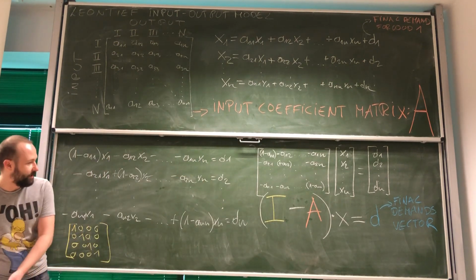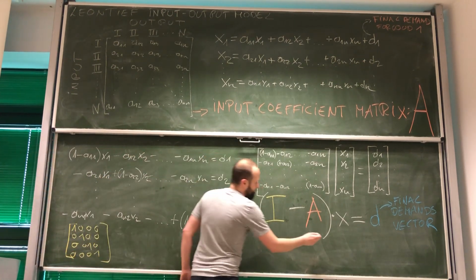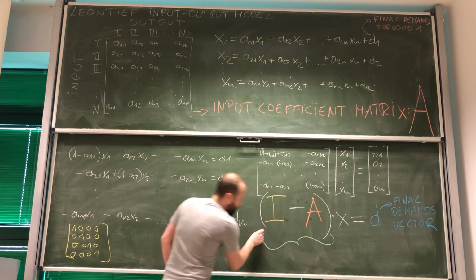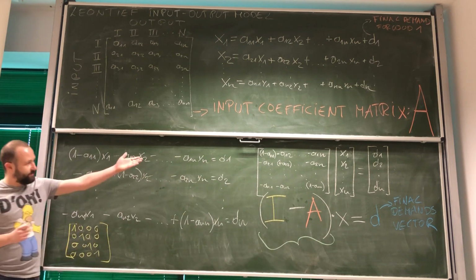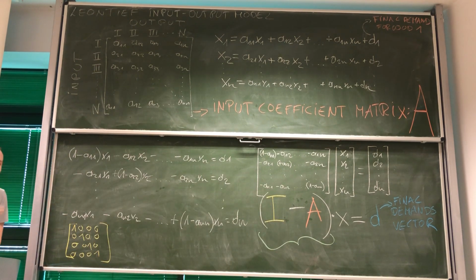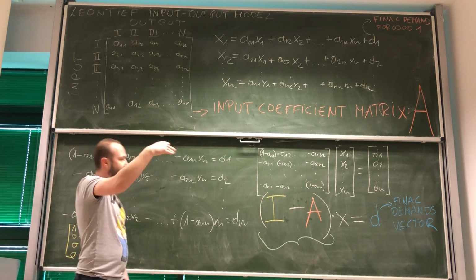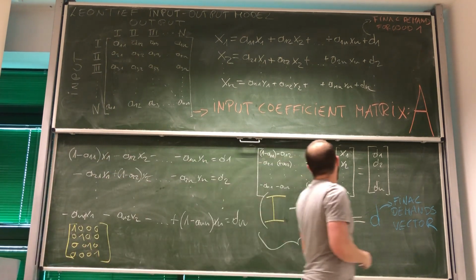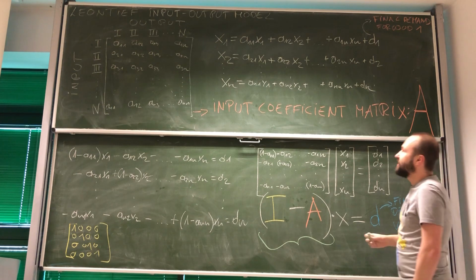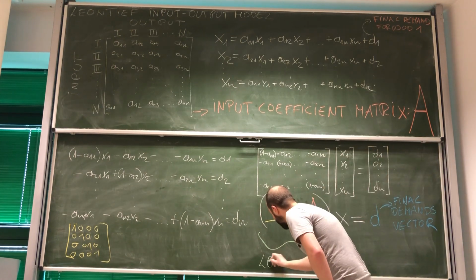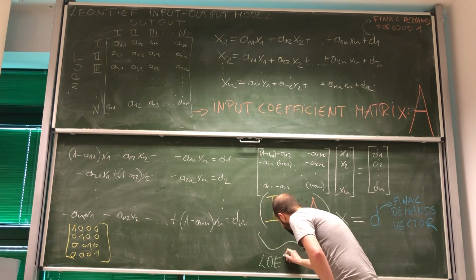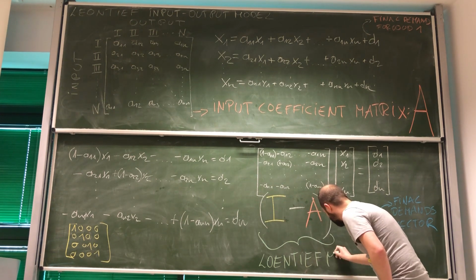And this matrix that we've got here, I minus A, so I minus the input coefficient matrix, is simply called the Leontief matrix.